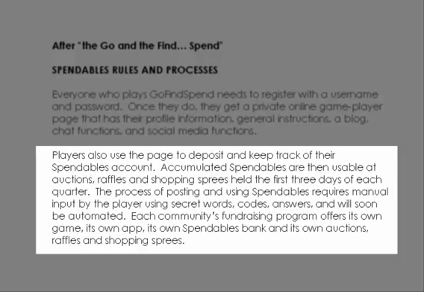Accumulated Spendables are then usable at auctions, raffles, and shopping sprees held the first 3 days of each quarter. The process of posting and using Spendables requires manual input by the player using secret words, codes, answers, and will soon be automated. Each community's fundraising program offers its own game, its own app, its own spendable bank accounts, and its own auctions, raffles, and shopping sprees.